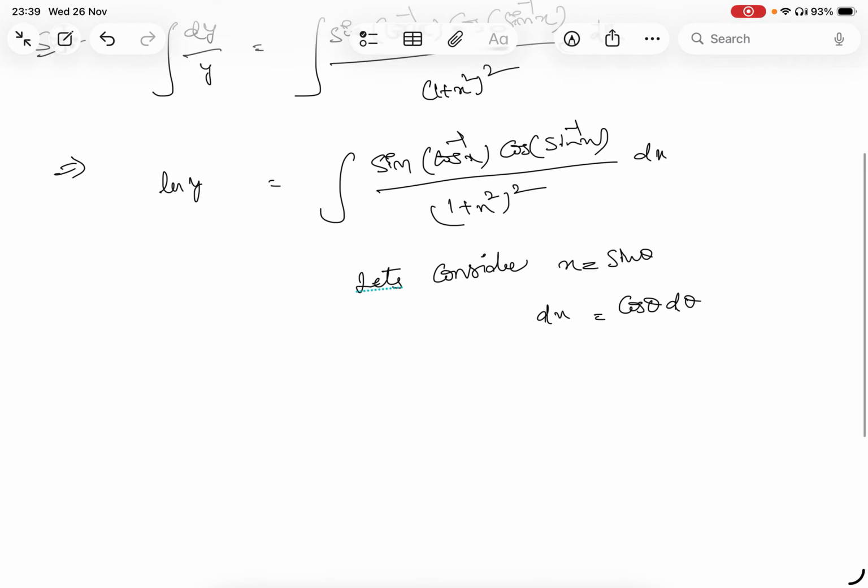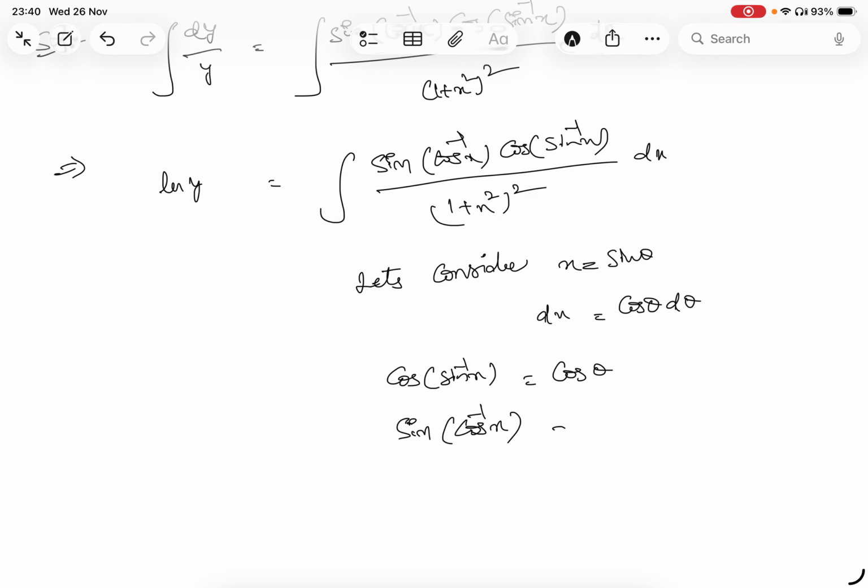Fine. Now as you can see, I will do simplification here itself. Now you can see this cos of sine inverse x becomes, as x is sine theta, cos of sine inverse of sine theta, which is cos theta. Fine. The other part of the numerator is sine of cos inverse of x.